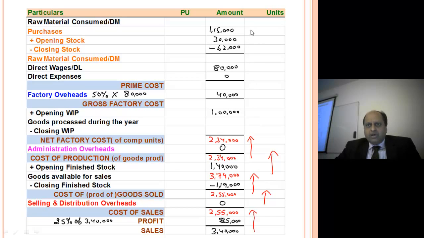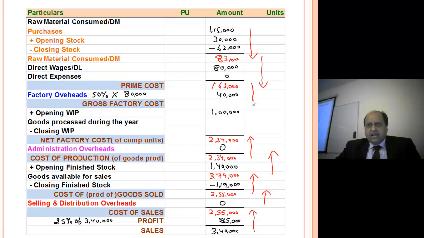Now I'll move from top to bottom. 115 plus 30,000 minus 62,000. My answer is 83,000. Further 83 plus 80,000 makes it 1,63,000.